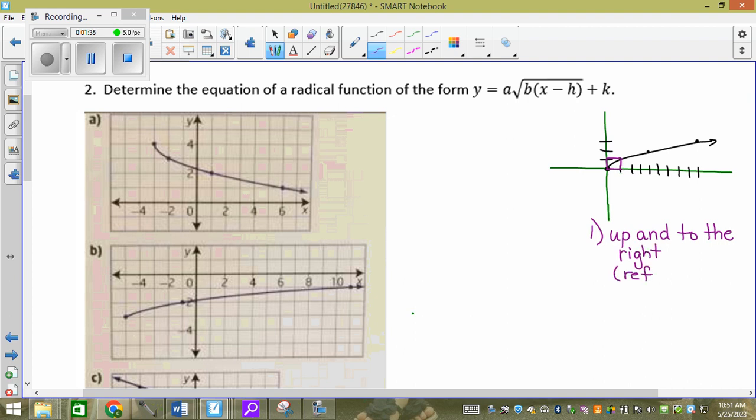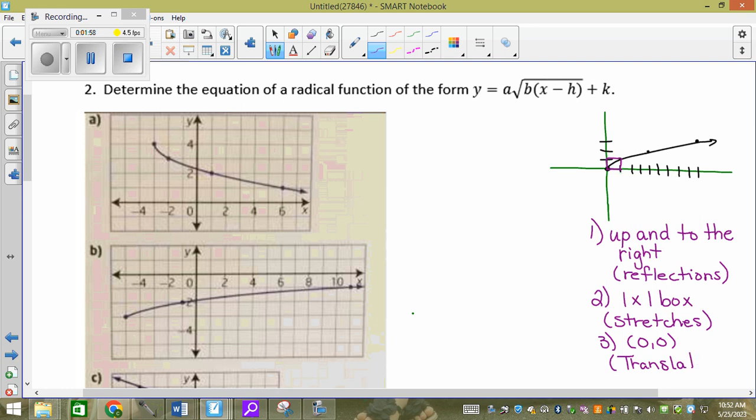Two, a 1 by 1 box. If not, we have stretches. And 3, is it on 0, 0? If not, we have translation. Radical equations are honestly the easiest ones to do if you remember the 3 rules.